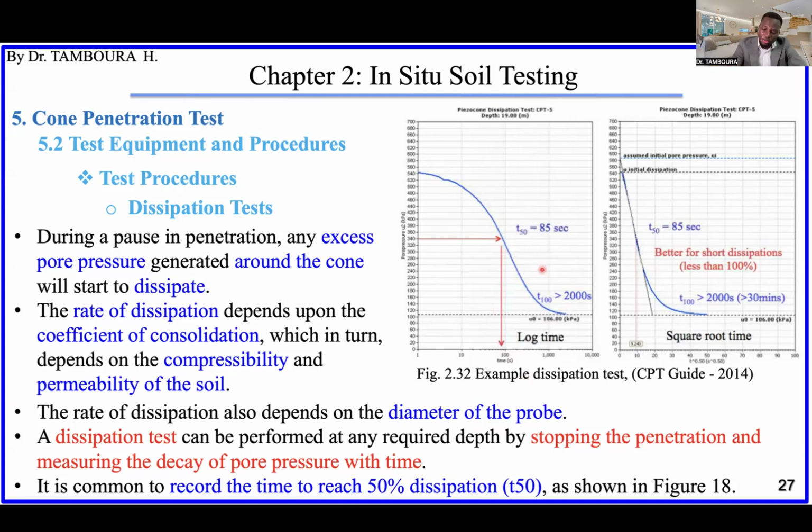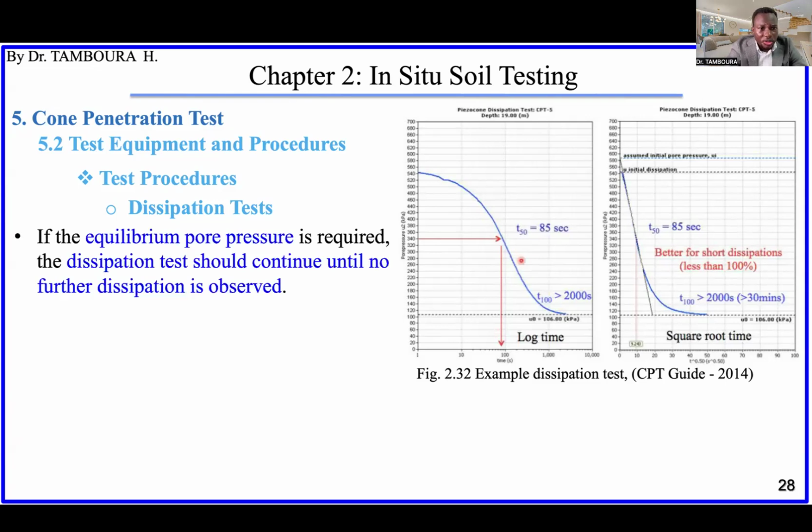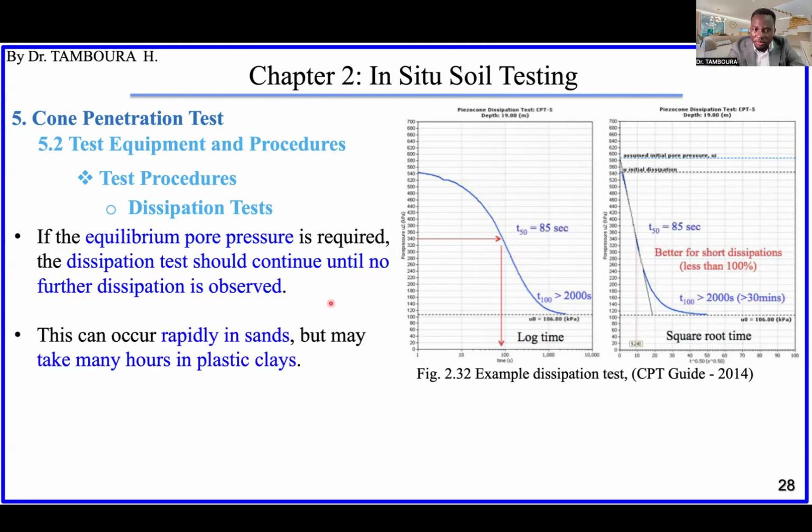So for this test, you just stop the penetration and measure this dissipation. If the equilibrium pore pressure is required, the dissipation test should continue until no further dissipation is observed.